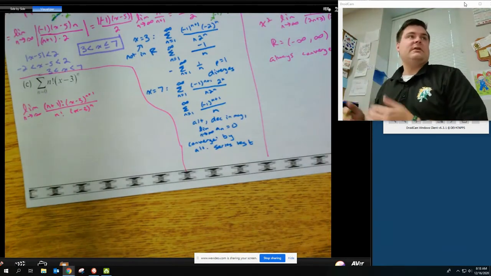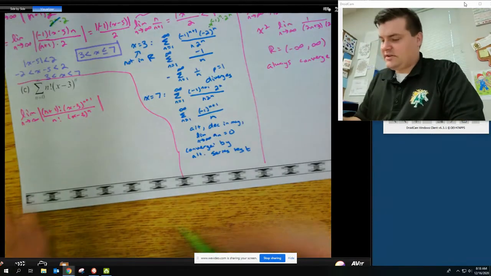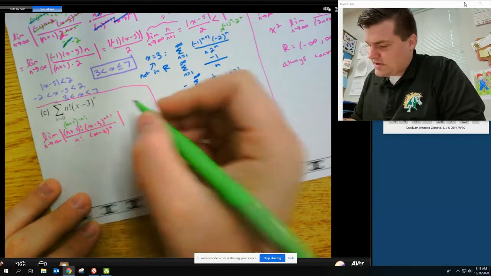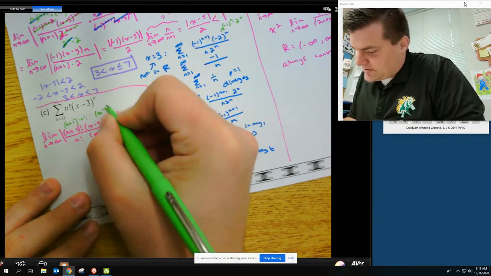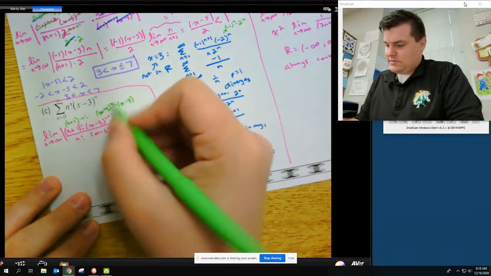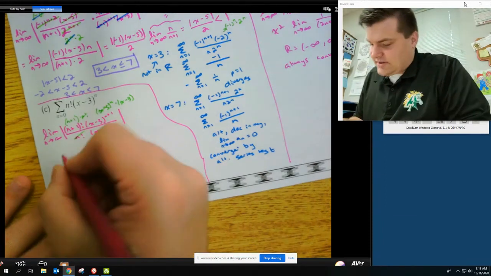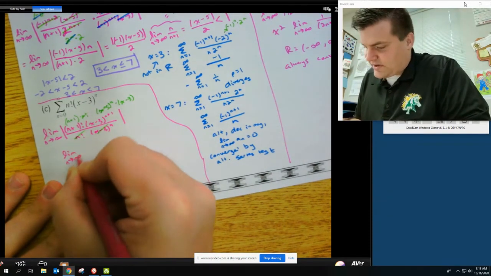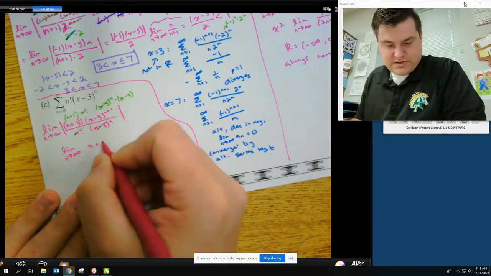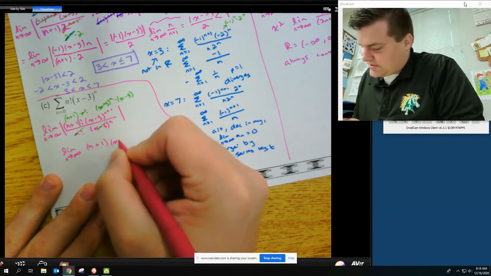Okay, this is the ratio test here. This is really just n plus 1 times n factorial, and this is really x minus 3 to the n times x minus 3. So what I'm really left with here is the limit as n approaches infinity of n plus 1 times x minus 3.